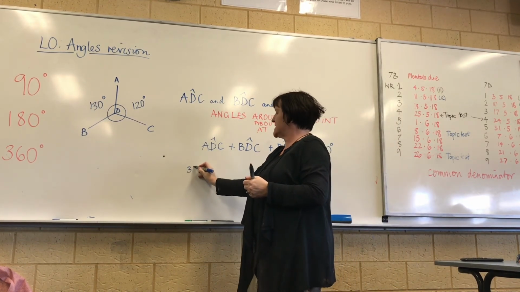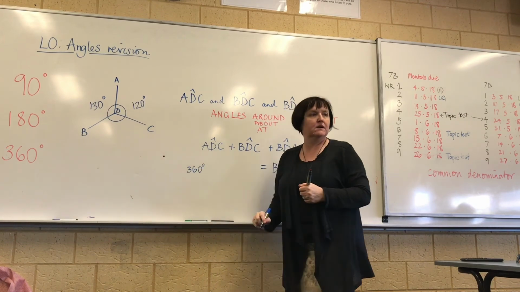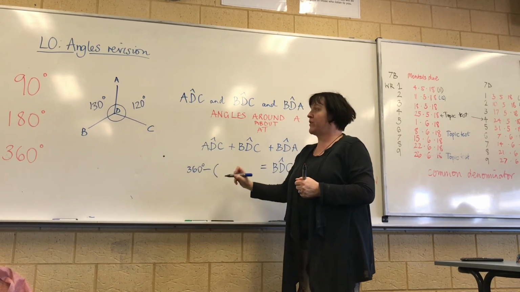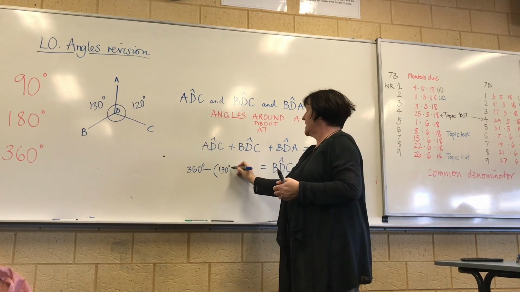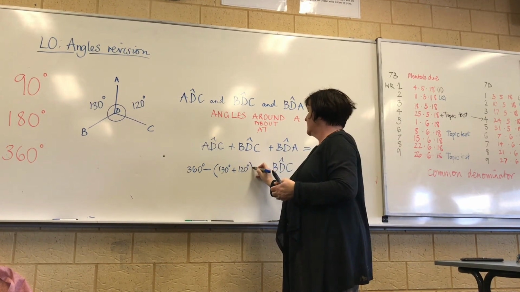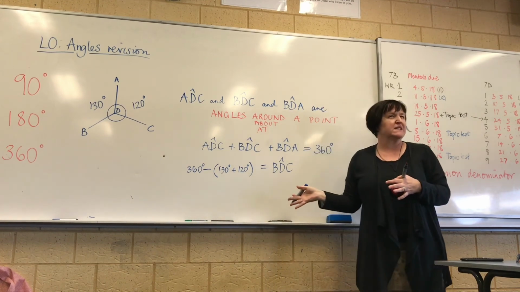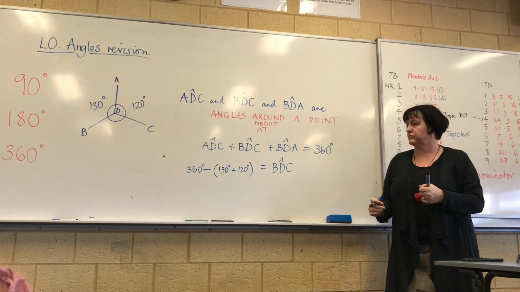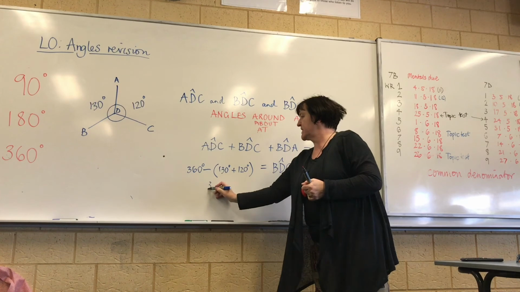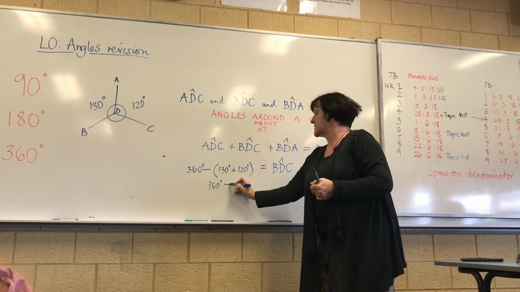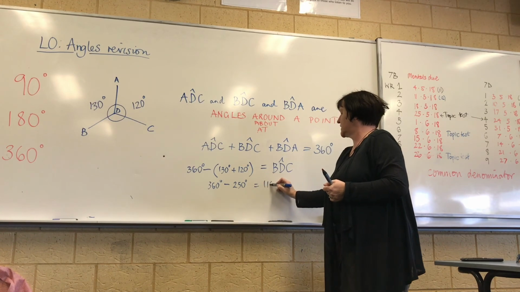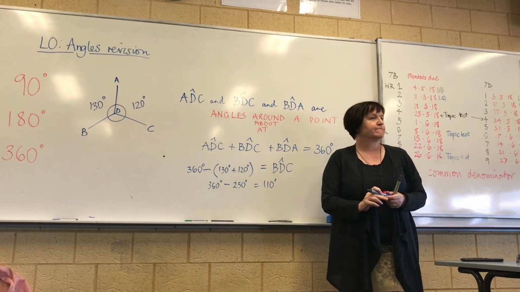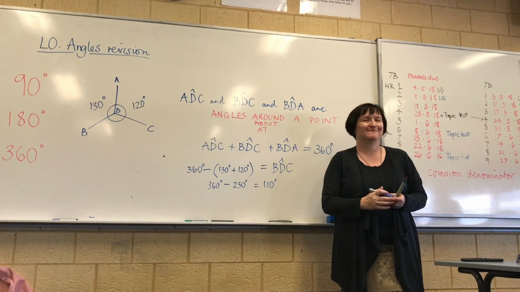If you do 360, subtract and then put those other two in the bracket, 130 plus 120, that's a good way to set it out, okay? Because then you can do 360, subtract 250 equals 110.